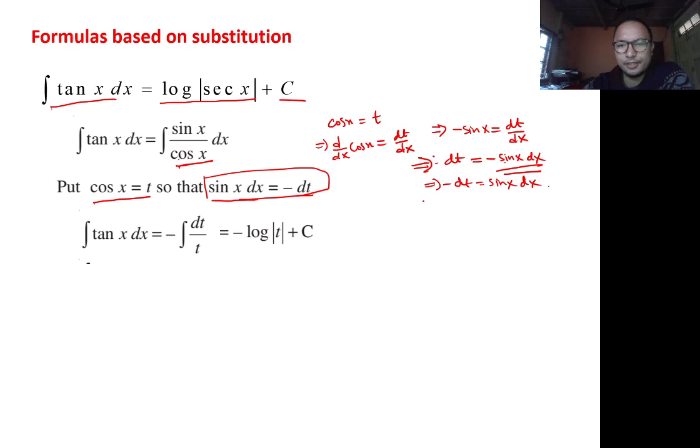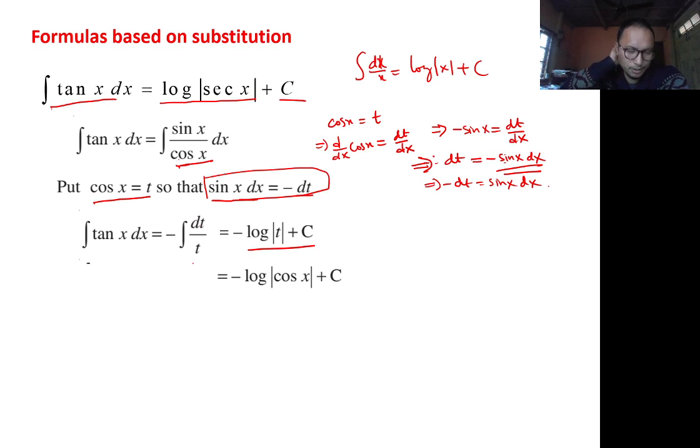We know again that the integration of dx by x is log of modulus of x plus c. So the integration of dt by t is log of modulus of t plus c. Now you put back the value, t as cos x, where c is the constant of integration.